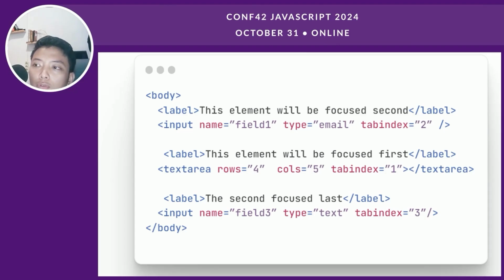If you add tab index 1 to 3, the first thing tabbed will be the first one, and so on and so forth. Tab index number 2 will be the second, then the third, and so on.